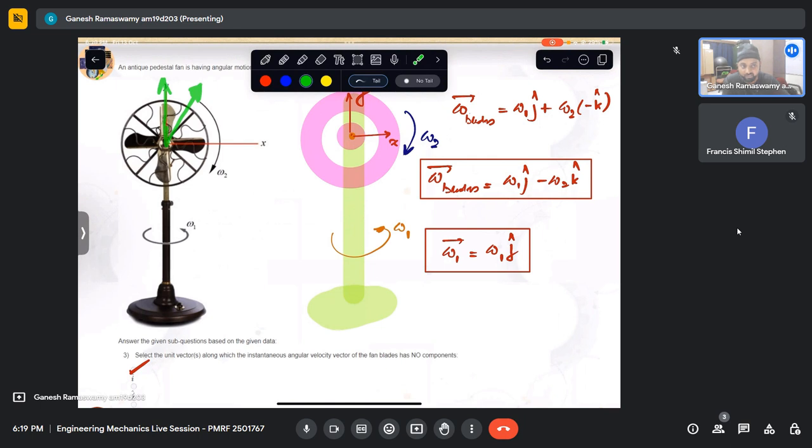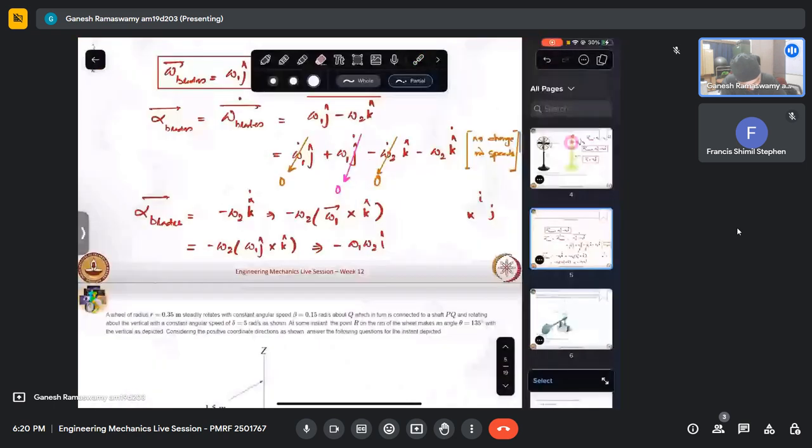By taking the right hand rule, its actual direction will be pointing in the negative x direction, which is what this is. We don't need a new page for this, I'll just write it here.